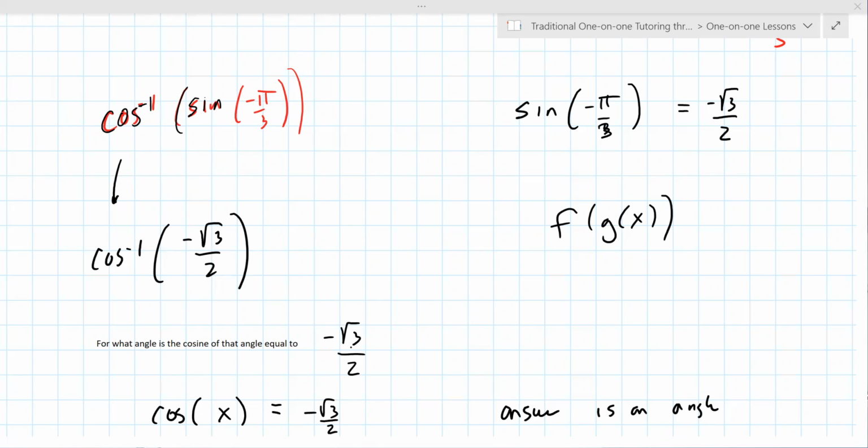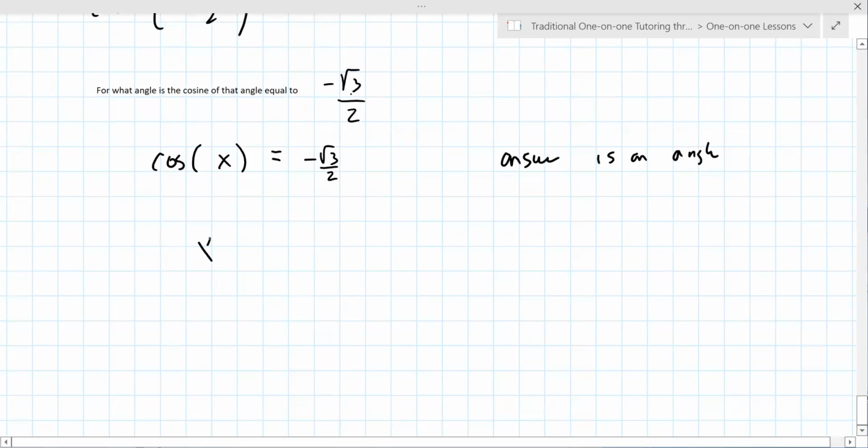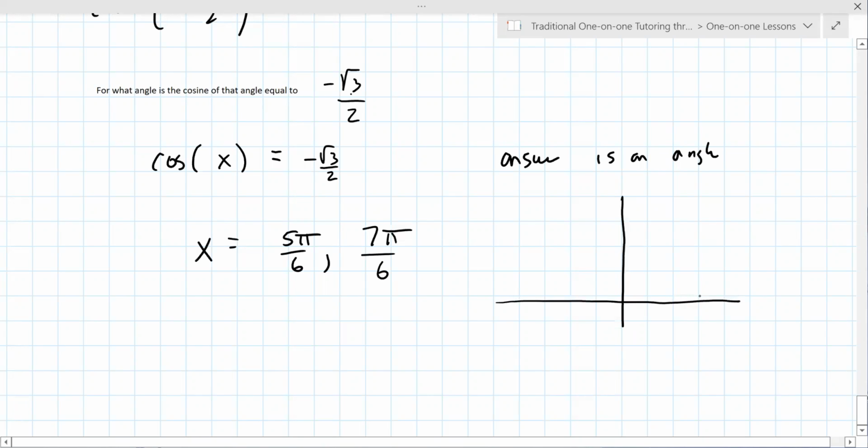5 pi over 6, 7 pi over 6. Yes, so there's two answers. And you might think, oh, I've got it, I'm done. Unfortunately, you're not. Cosine inverse is only defined from 0 to pi, which means you have to exclude one of your answers, whichever answer is not between 0 and pi.